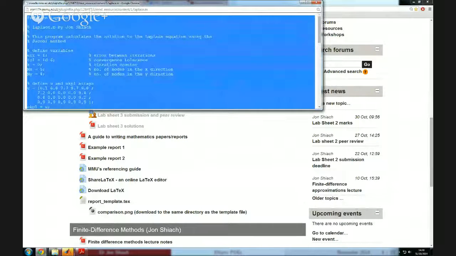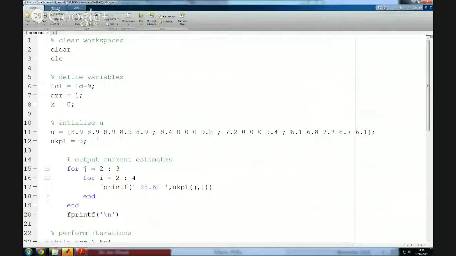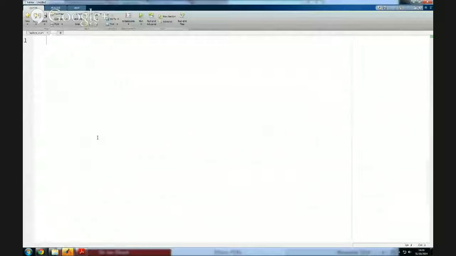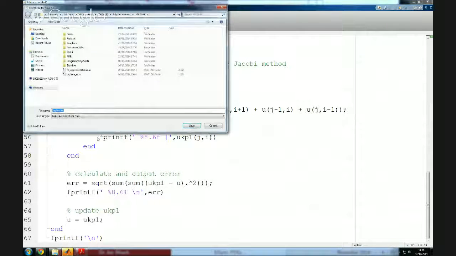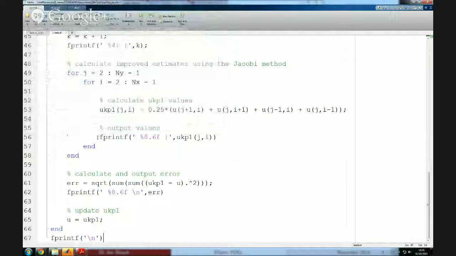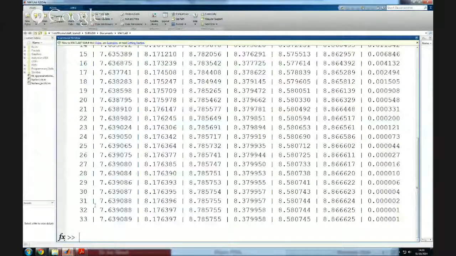That was using the Jacobi method. I'm going to run it just to make sure it works, and call it Laplace Jacobi. And there we go. It took 33 iterations to converge to that solution.